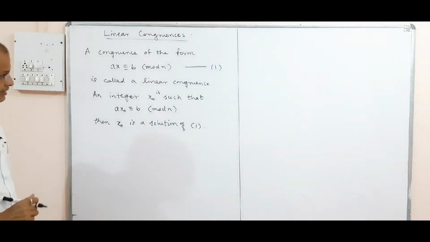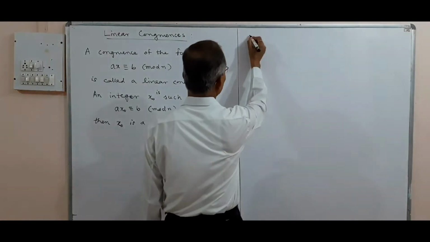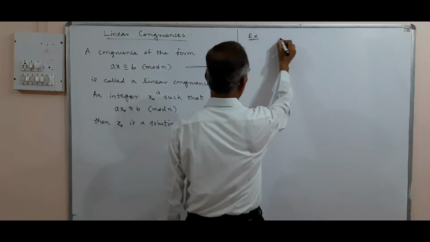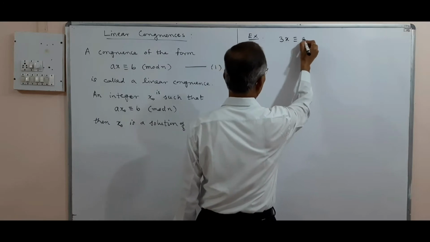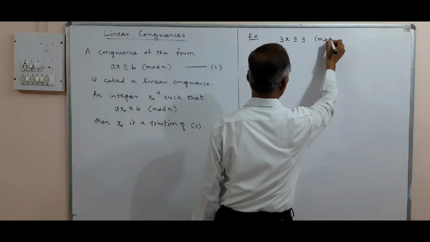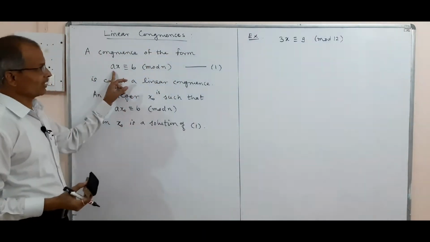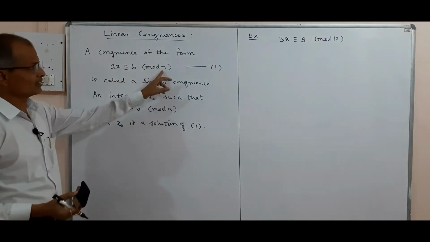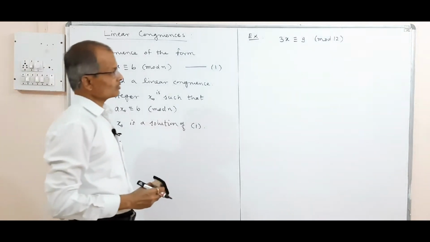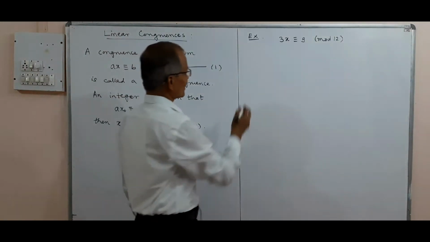Now we shall consider an example. Say 3x congruent to 9 modulo 12. This is a linear congruence. The value of a is 3, b is 9, n is 12. Now what is the solution for this congruence?